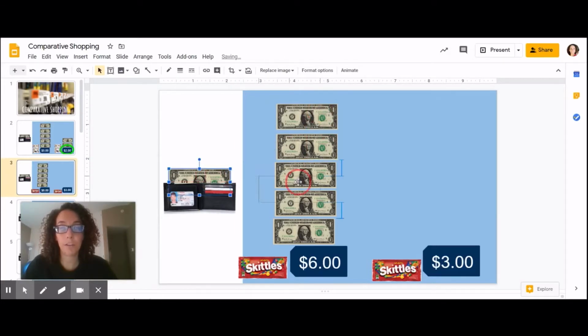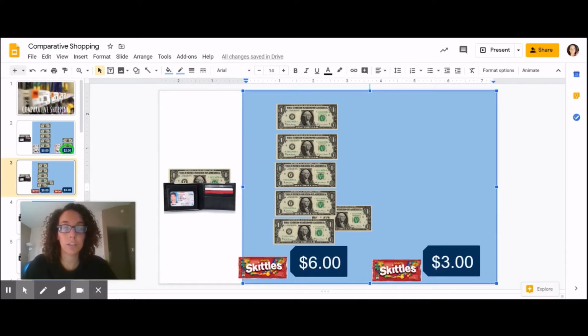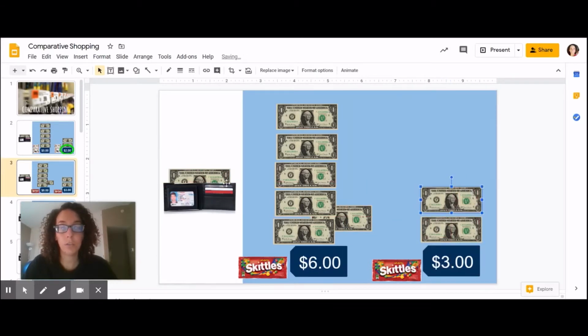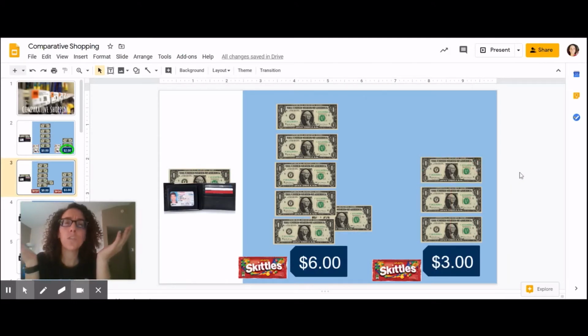Uh-oh, I don't have enough room, so I'm going to go down here and make a second layer. 6. $6. Let's see over here. We're going to put 3. 1, 2, $3. Which one is smaller? Which one has less money?